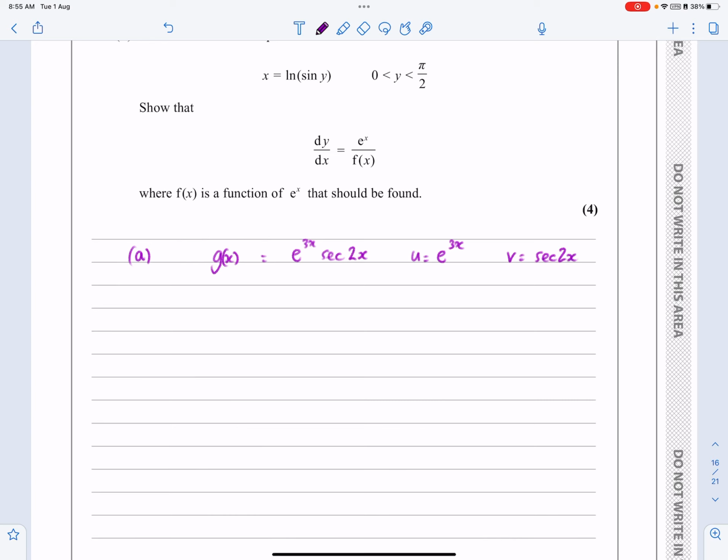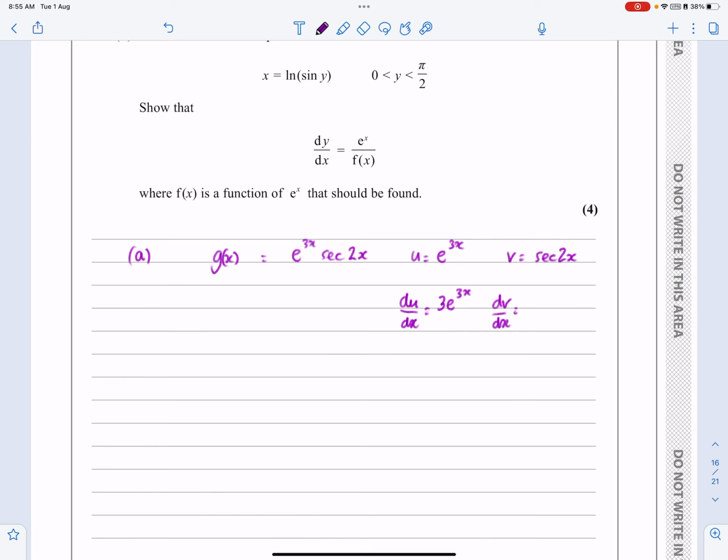So it's now just making sure that I can do my differentiation of these various different complicated functions. The differential of e to the x is e to the x, so the differential of e to the 3x is e to the 3x multiplied by the differential of what's there, in other words, 3e to the 3x. Same idea with sec.